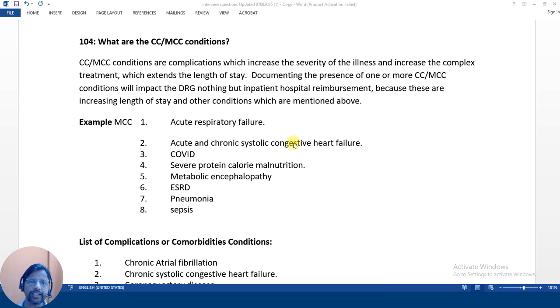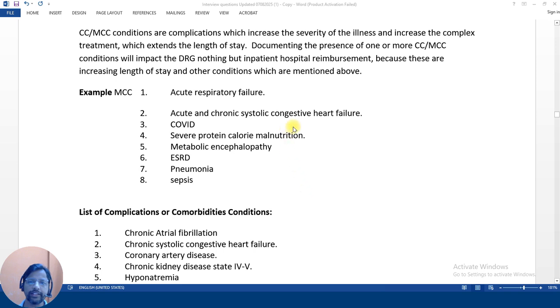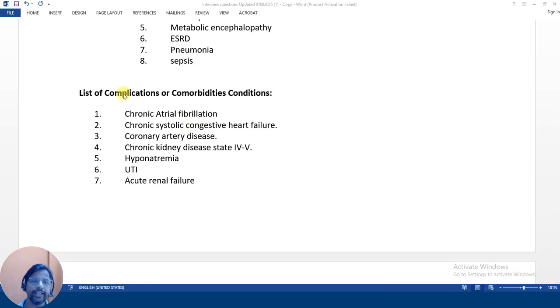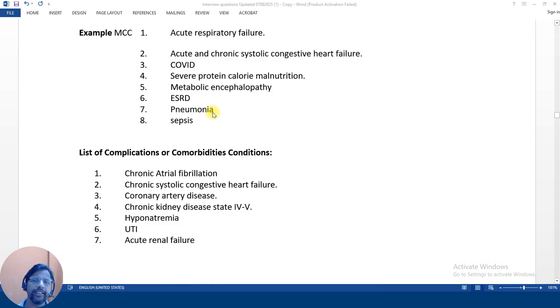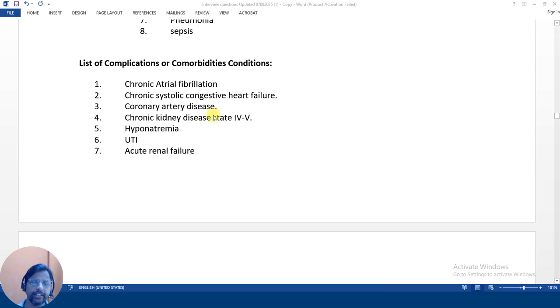Okay. So what are the common MCC conditions? Acute respiratory failure, acute and chronic systolic congestive heart failure, COVID, severe protein calorie malnutrition, metabolic encephalopathy, ESRD, pneumonia, sepsis. So these are the common MCC conditions. Next, these are the common CC conditions. Okay, MCC is more severe than CC.